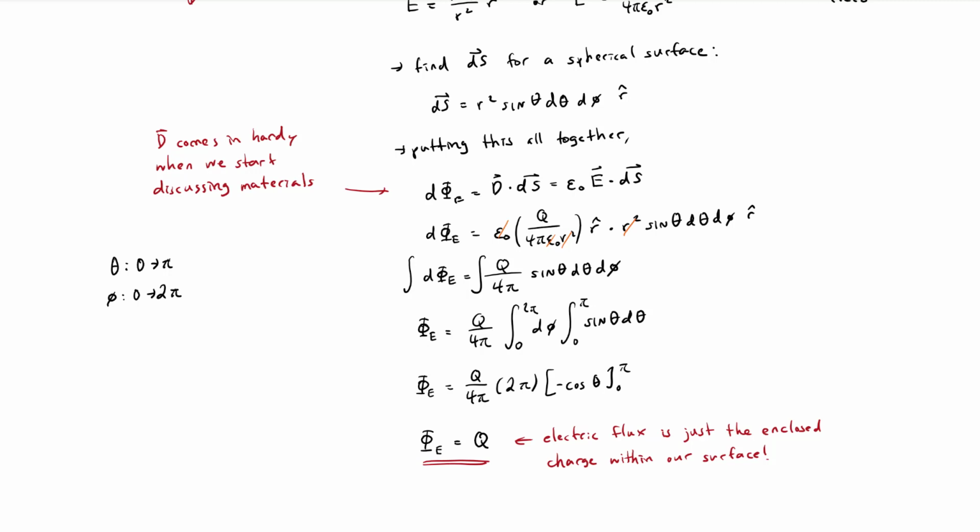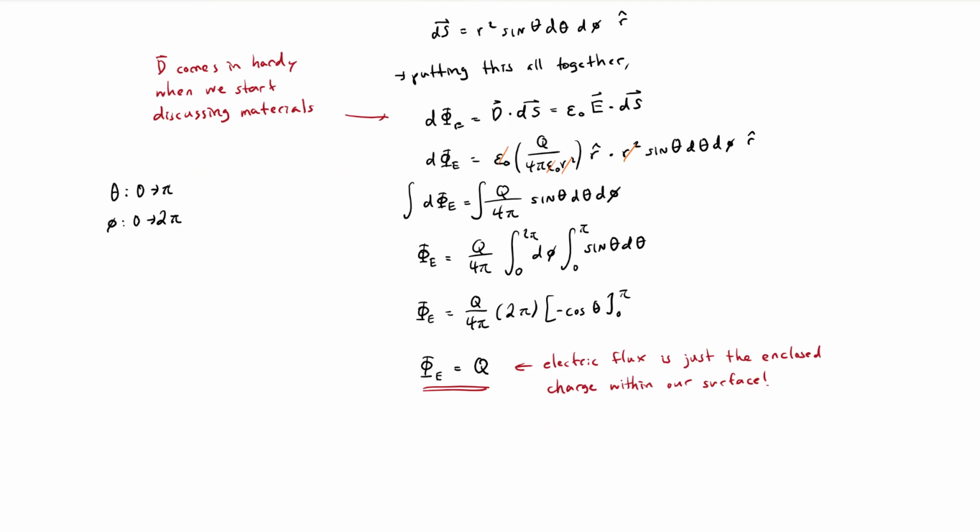What happens if we have a closed surface that doesn't have any charge, but in fact the charge is outside that closed surface? So we've considered an option where the charge is inside our surface. Now let's take a look at a charge outside a closed surface.